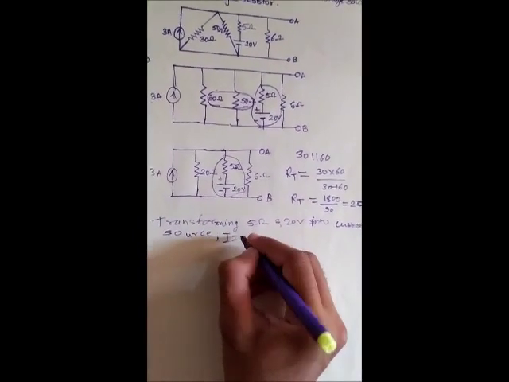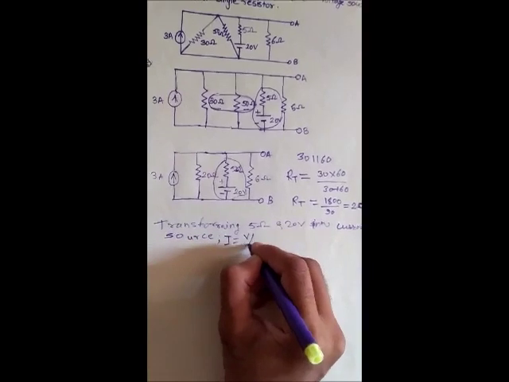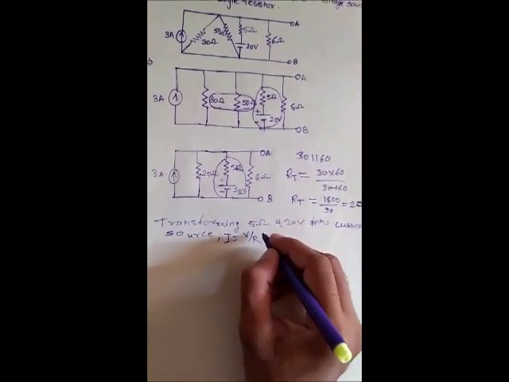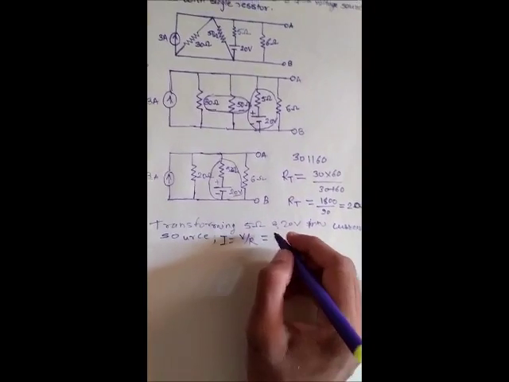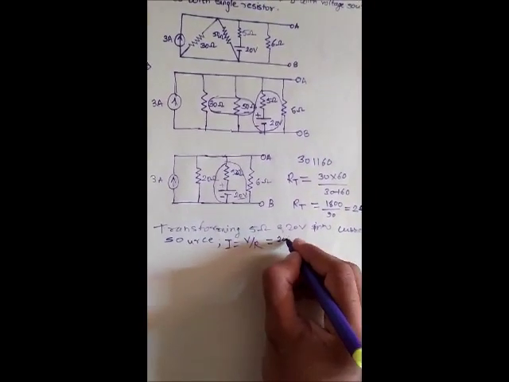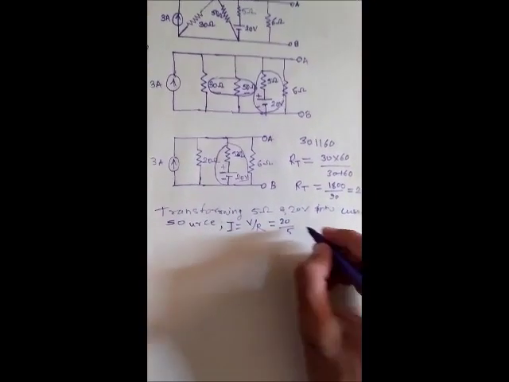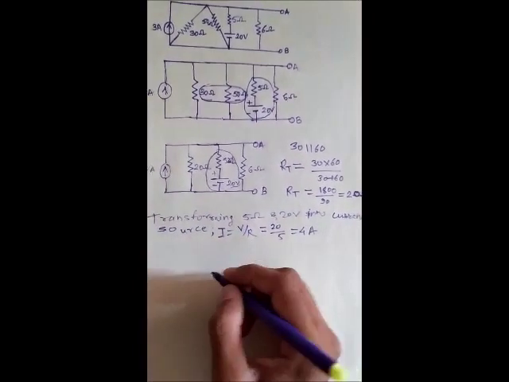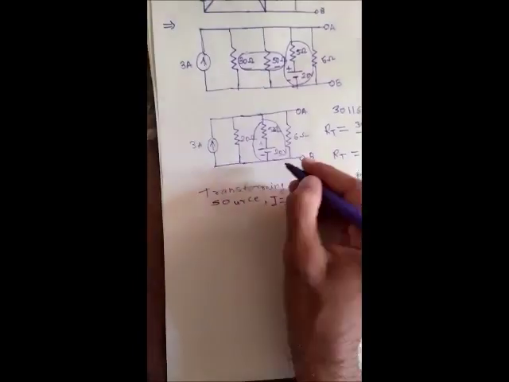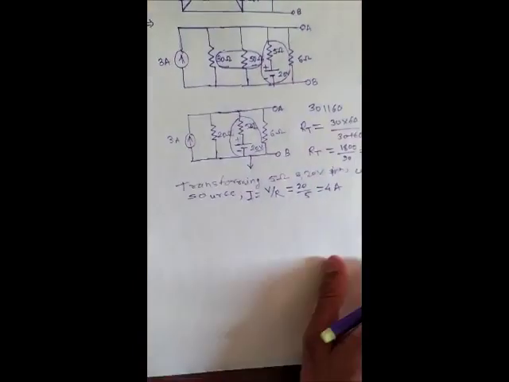So I is equal to V by R. This will be 4 ampere. Hence this part will be converted as follows.